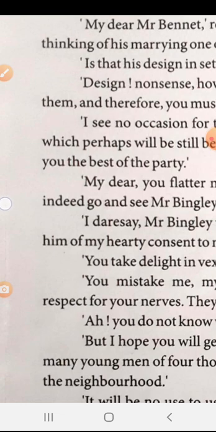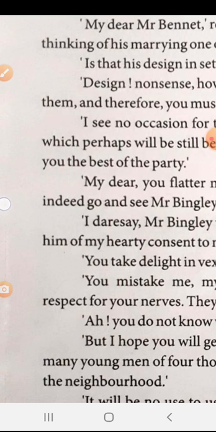I want Mr. Bingley to fall in love with one of our daughters so that it will be good for one of the daughters, and it is good for their future also. "But I hope you will get over it and live to see many young men of 4,000 a year come into the neighborhood. It will be no use to us if 20 such should come, since you will not visit them."